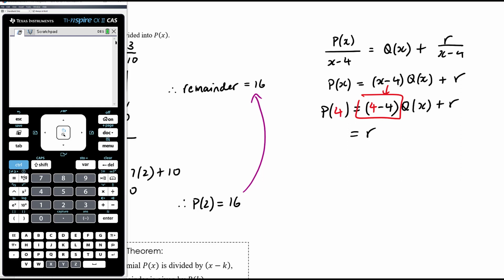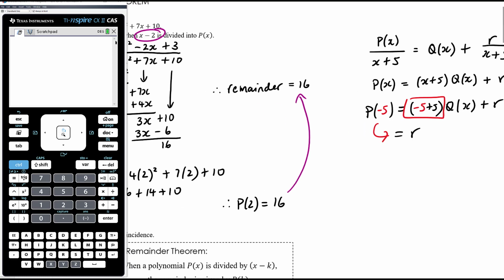If it was x plus 5 that we were dividing by, then this would be plus 5 here, and I'm going to be able to get the remainder if I can make this bracket 0. So that would have to be negative 5. So subbing negative 5 into my polynomial would give me the remainder.